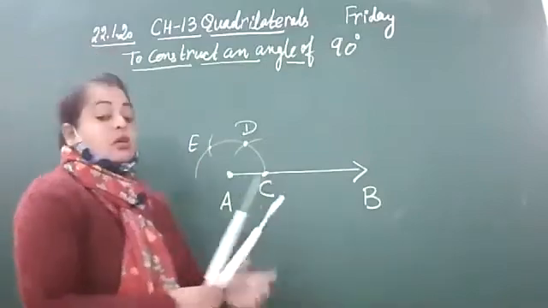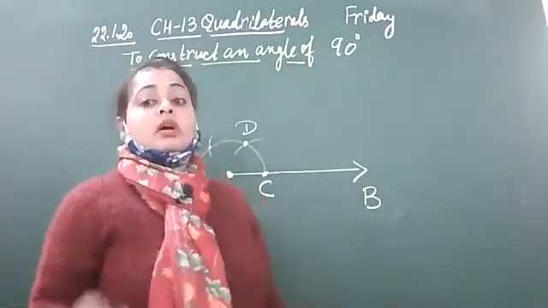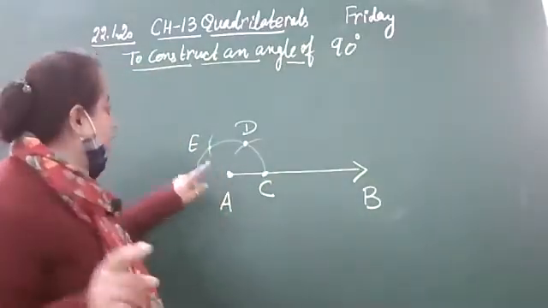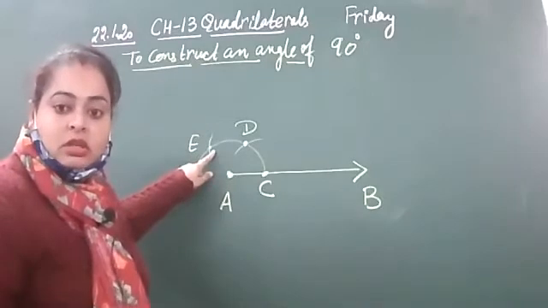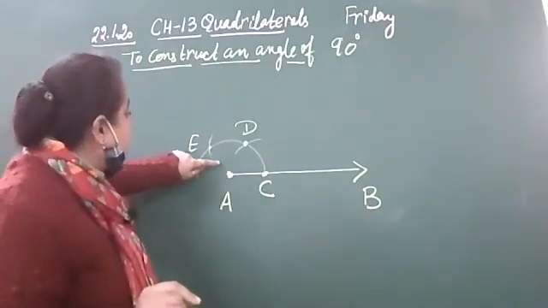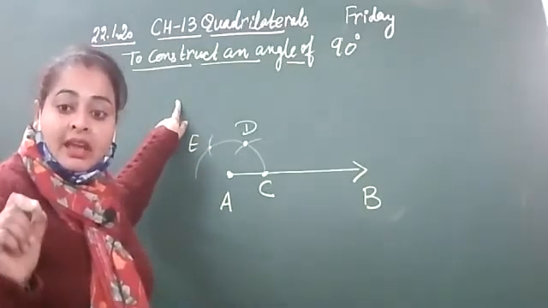Now, one more very important point. I will not draw a ray from this point E, because if you draw a ray from E, you will get a 120-degree angle.